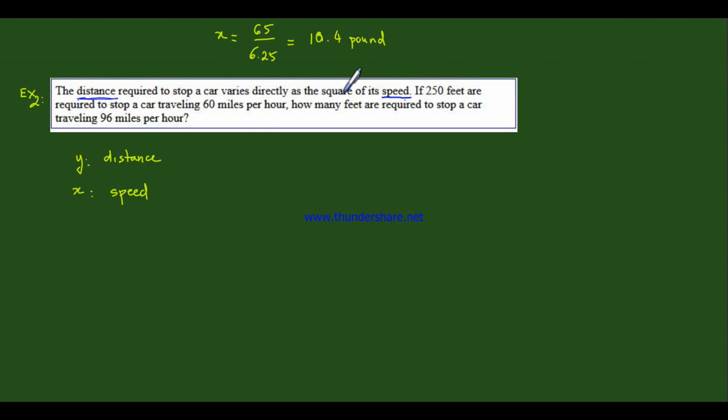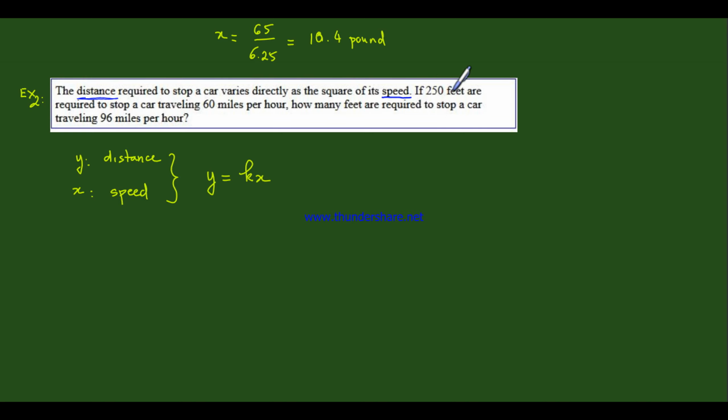So the direct variation equation would be y equals kx. Our job is to get k. In order to get k, right here they give us the information.